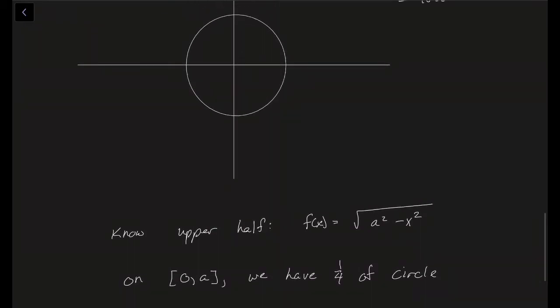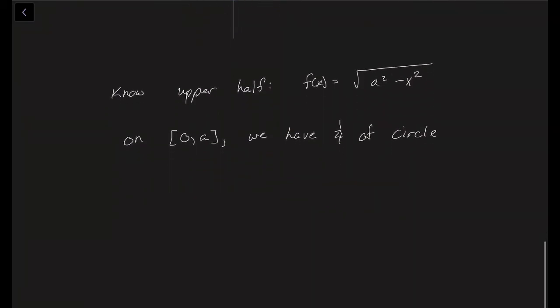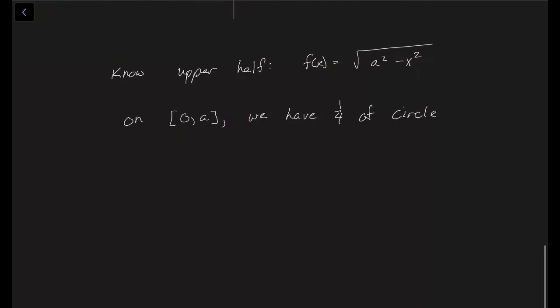Okay, so if we look at this interval from 0 to a, we have this region highlighted in gold. So all we need to do is take the integral of f of x from 0 to a.